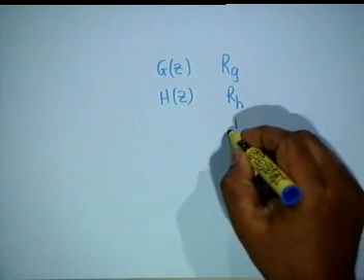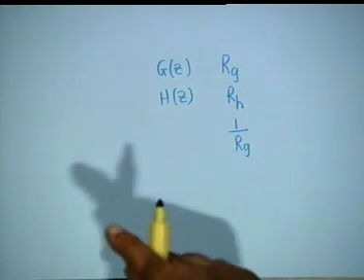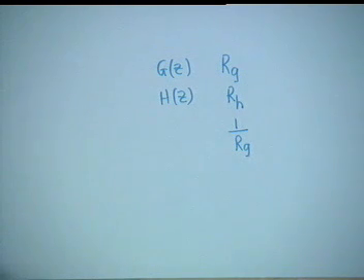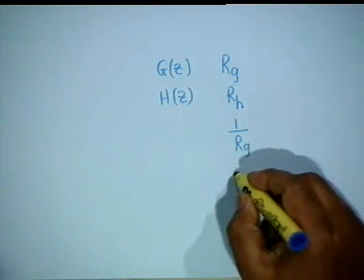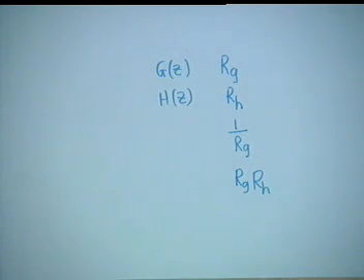Then we also use the notation 1 by Rg, in which 1 by Rg2 less than equal to mod Z less than equal to 1 by Rg1, and then also the meaning of Rg Rh, that is Rg1 Rh1 less than equal to mod Z less than equal to Rg2 Rh2.